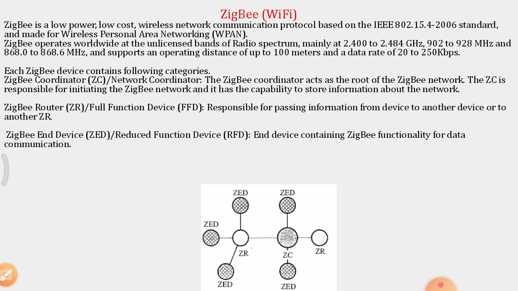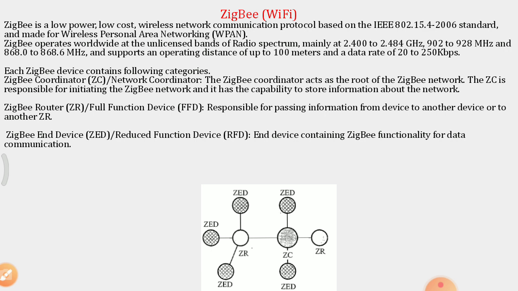ZigBee operates worldwide at unlicensed bands of radio spectrum, mainly at 2.4 to 2.484 GHz, 902 to 928 MHz and 868 to 868.6 MHz. It supports an operating distance of 100 meters with a data rate of 20 to 250 kbps.